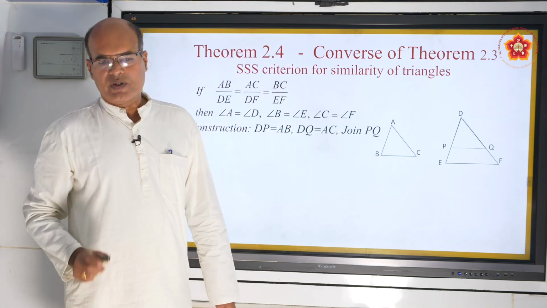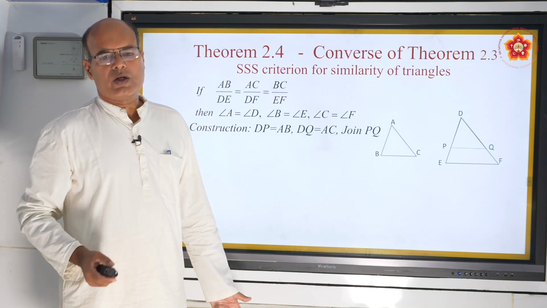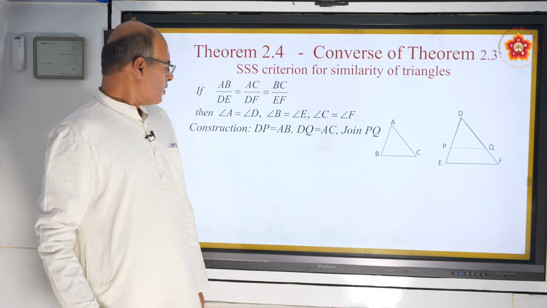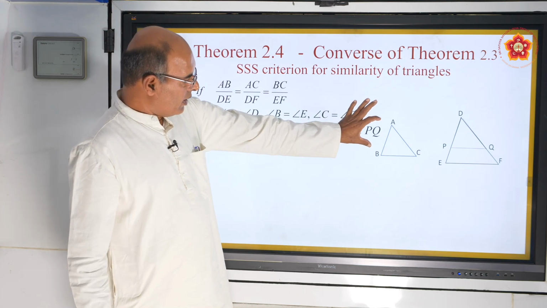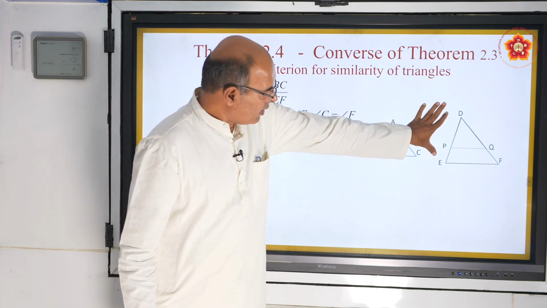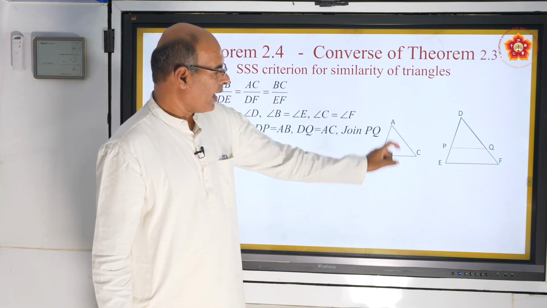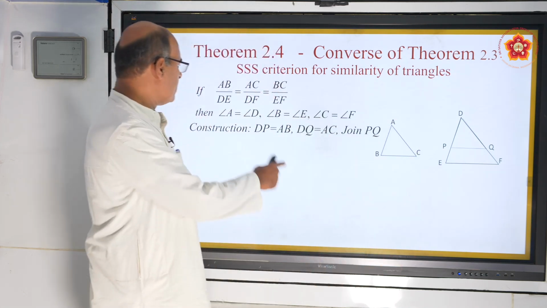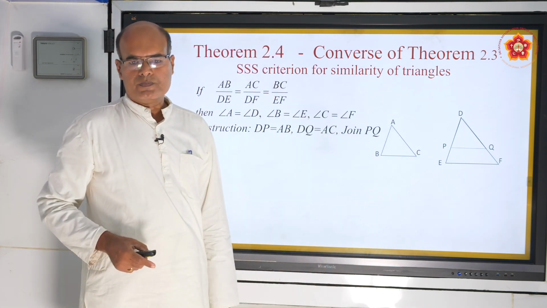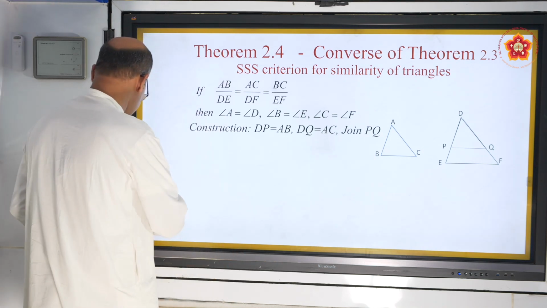We need to prove it. How can you prove? See, we know that DP divided by DE is equal to AC divided by DF. It is assumed. So I will write something here.